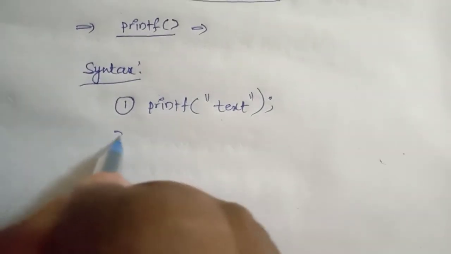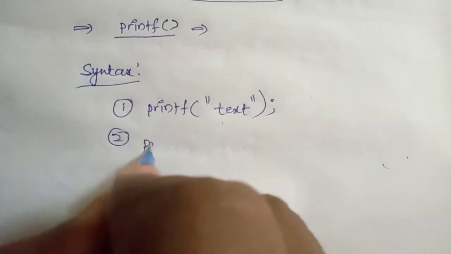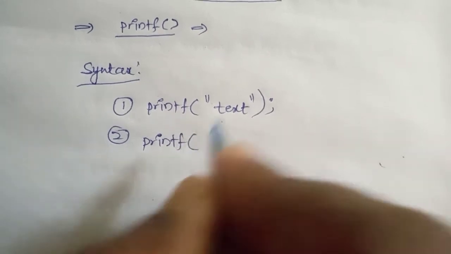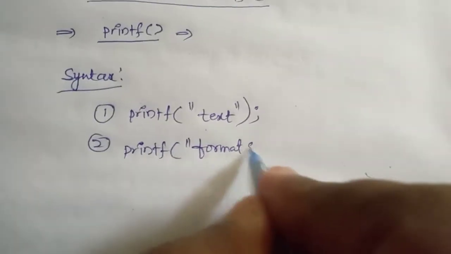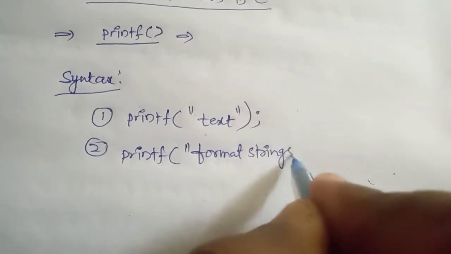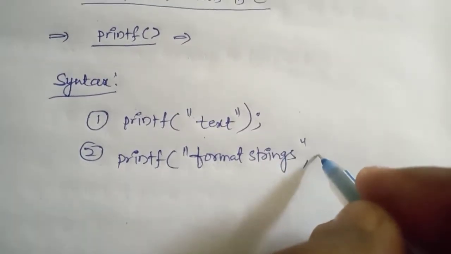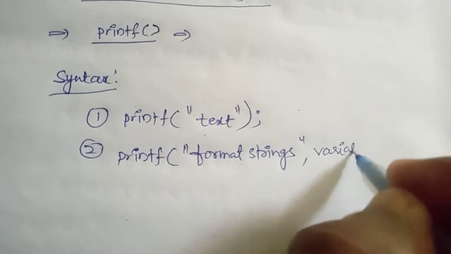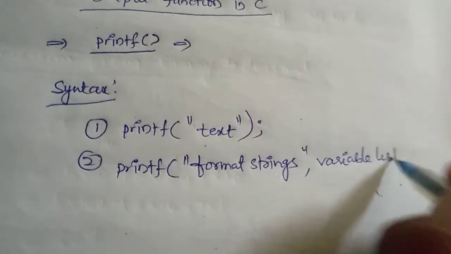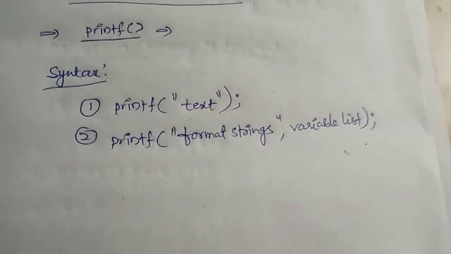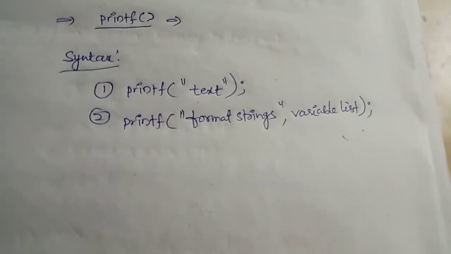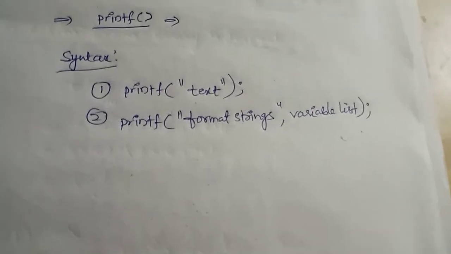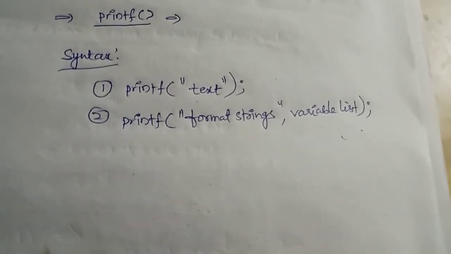And the second one, printf, here format strings and a variable list. This is the second syntax. So there exist two syntaxes for printf. First one is printf some text and second one is printf format strings and a variable list.